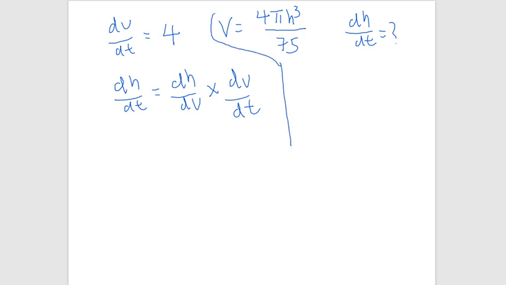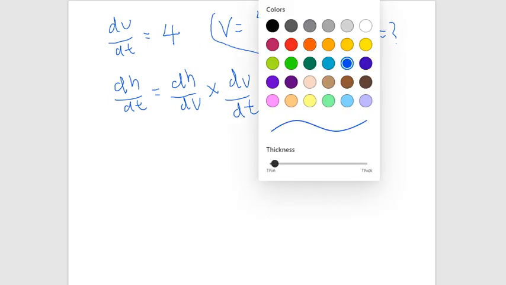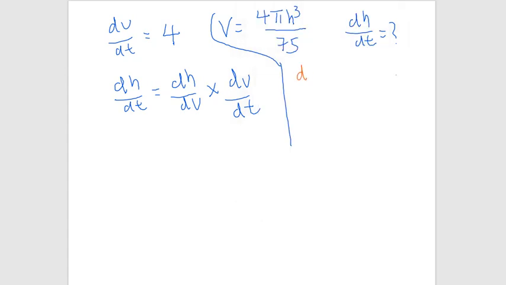So from here, you try to find dV/dh. From V equal to 4 pi h cubed over 75, differentiating h cubed gives you 3h squared. So this is 4 pi times 3h squared over 75, which you can simplify to 4 pi h squared over 25.